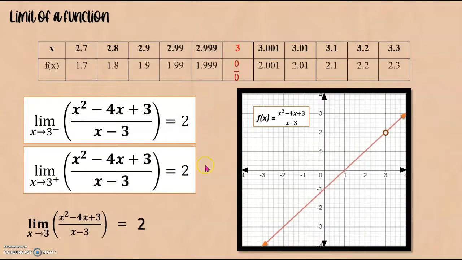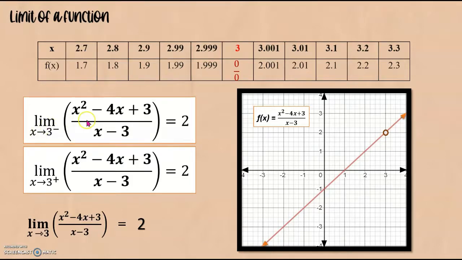Now let's try to look at the graph of x squared minus 4x plus 3 all over x minus 3. Examining the graph of our rational function, we can see that there is a hole at x equals 3. That explains why when x is equal to 3, f of x is indeterminate. Now, we are looking for the limit of our function.